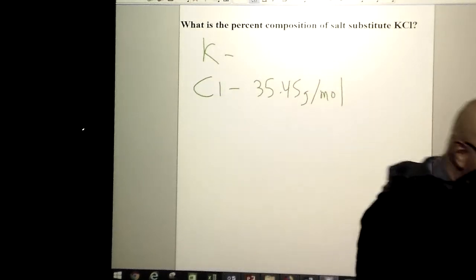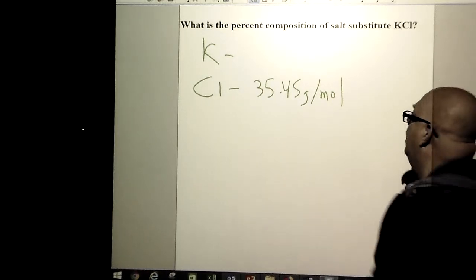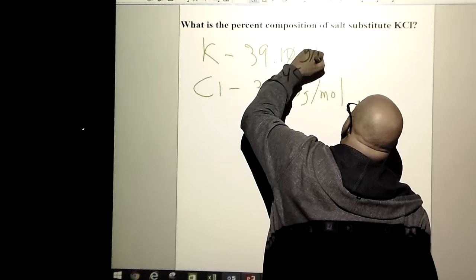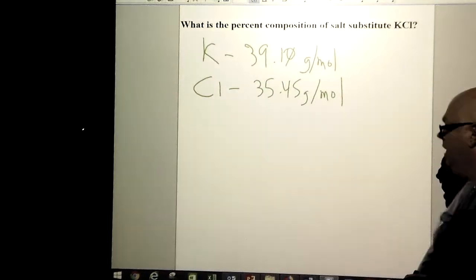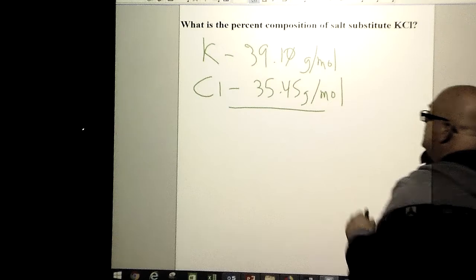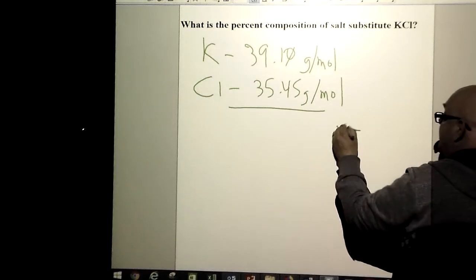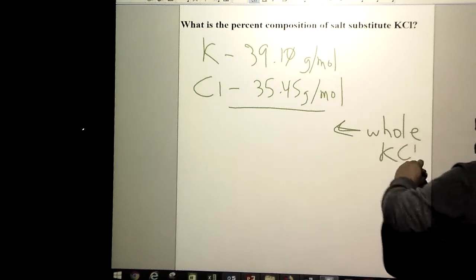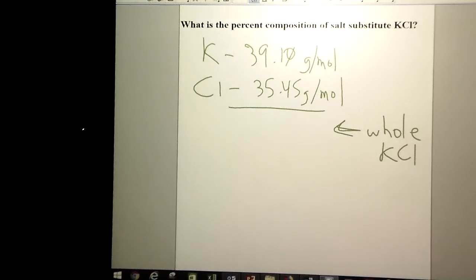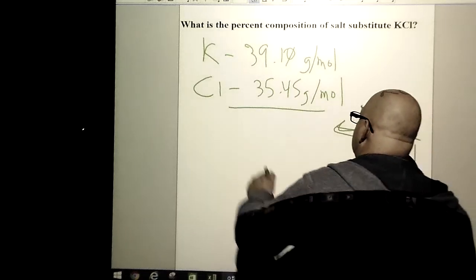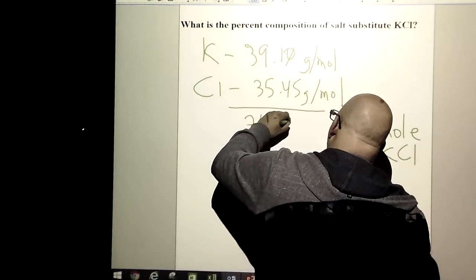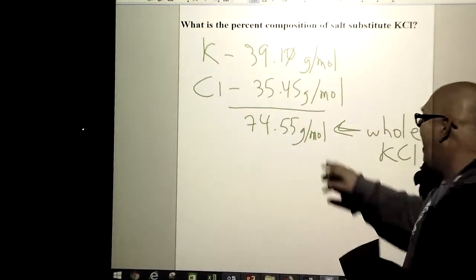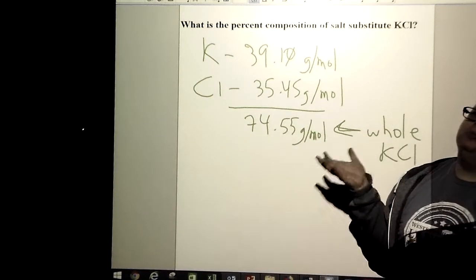The K itself is a big whopping 39.10 grams per mole. Now, if we add those up, remember, guys, this is going to be the whole, the complete whole of KCl. That's the key. And that's going to be 74.55 grams per mole.